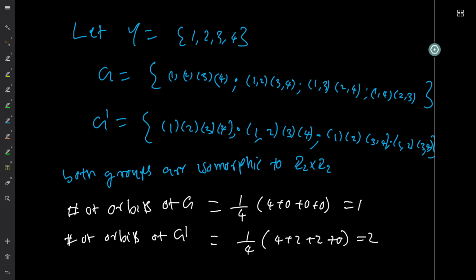Then in (1)(2)(3 4), two elements are fixed again, right? And therefore I get 4 plus 2 plus 2. Of course, identity fixes all the elements, which is 4. So the number of orbits of G and G' are different. For example, in the case of G, you get only one orbit, and in the case of G', you get two orbits.